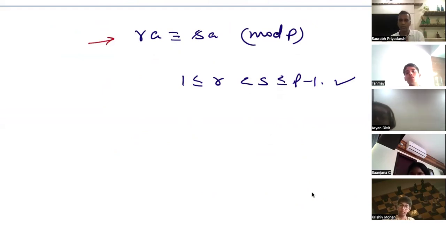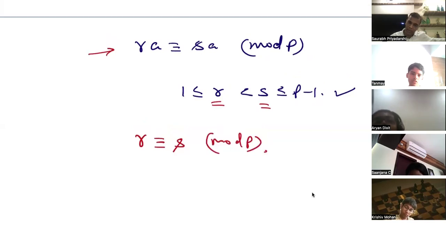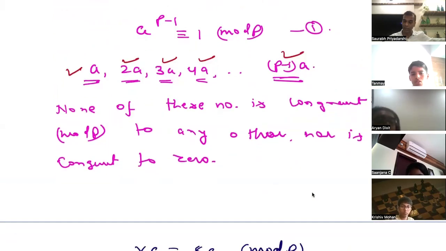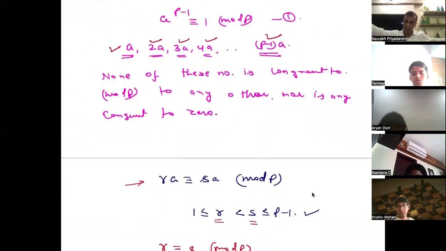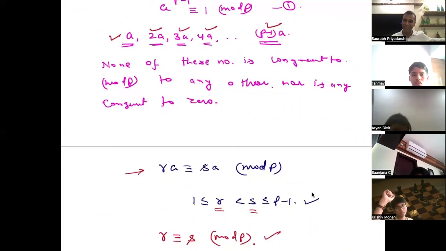So RA is congruent to SA mod P, and R and S are two different numbers. If I cancel out A, then R will be congruent to S mod P. But in the question itself, we started with A, 2A, 3A up to (P minus 1)A, so all R and S are different. And from this I'm getting R congruent to S, but all the numbers 1, 2, 3, 4 up to P minus 1 are different. So this is not possible.